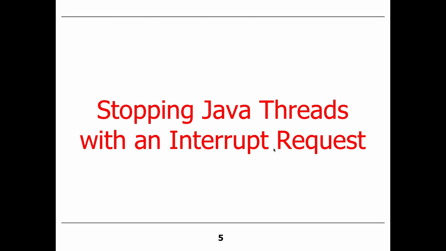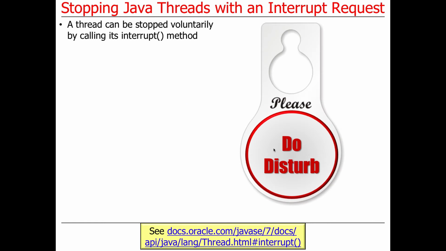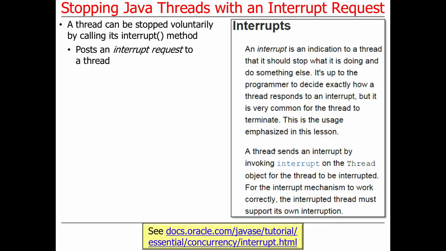So we talked earlier about how to stop something with a volatile flag, but I mentioned it was sort of unsatisfying because the execution environment knows nothing about how to do this. So an alternative way to do that is by calling a thread's interrupt method. There's a method that's available on thread, and what this does is it posts an interrupt request to the thread.